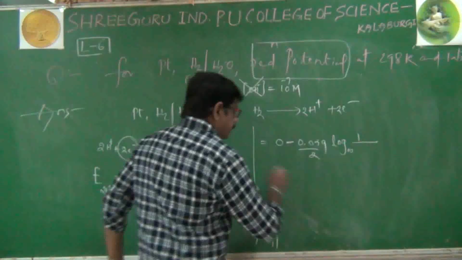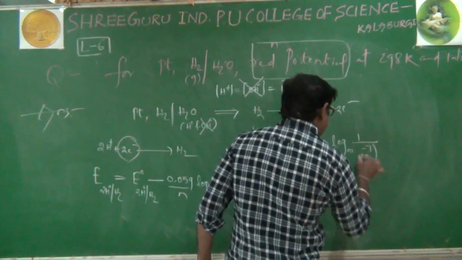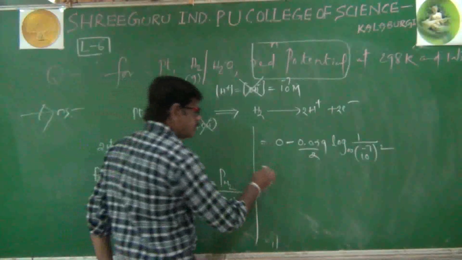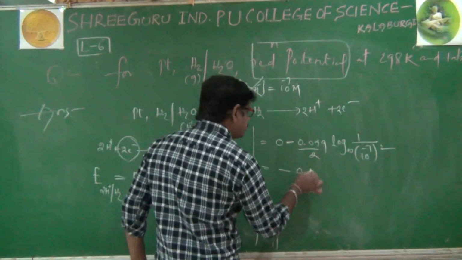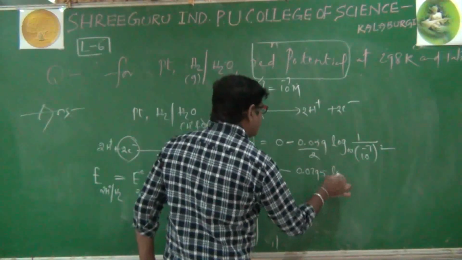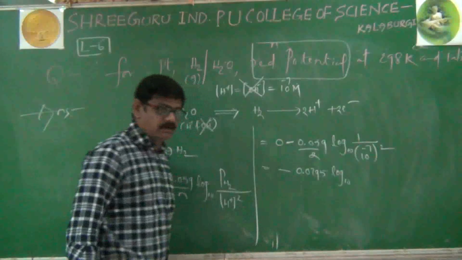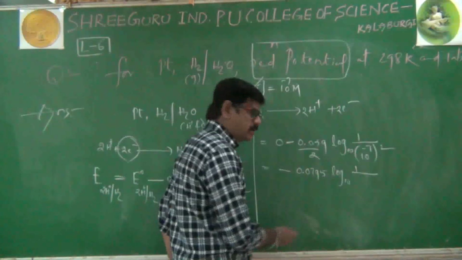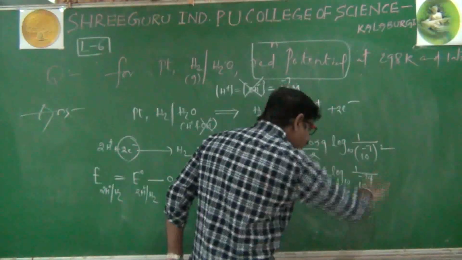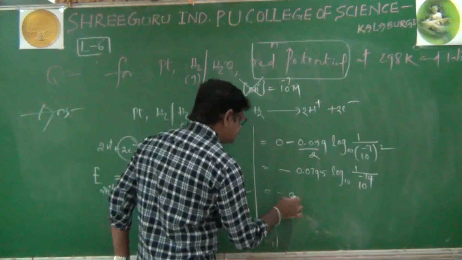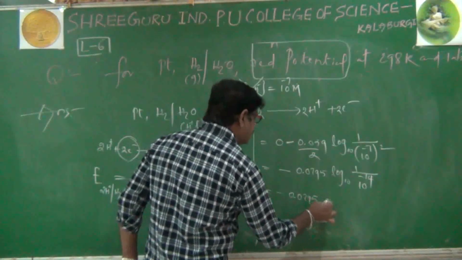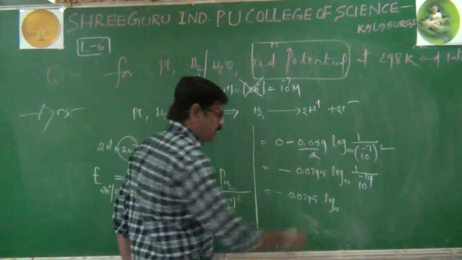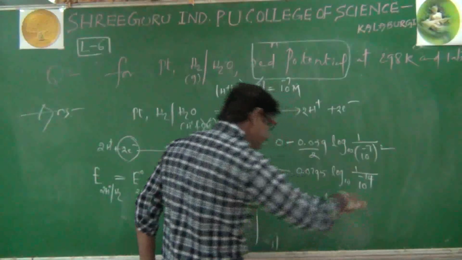Therefore 1 divided by (10 to the power of minus 7) whole squared, because it is H plus squared. Minus 0.0295 log base 10 of 1 by (10 to the power of minus 7) whole squared, which is nothing but 10 to the power of minus 14 in the denominator. Minus 0.0295 log base 10. 10 to the power of minus 14, if you shift it into the numerator, becomes 10 to the power of 14.